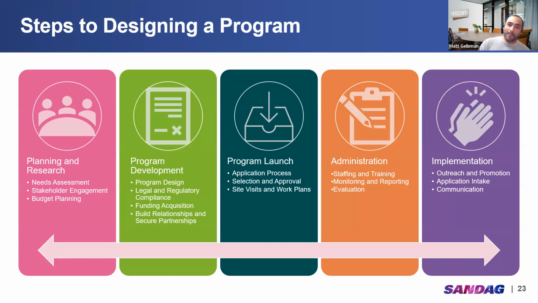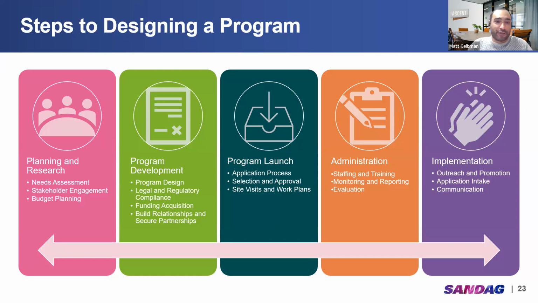From there, implementation includes any additional outreach or promotion that may be needed, though I think the need is probably greater than the amount of resources, so marketing is not always necessary, and continued application intake and communication with homeowners is part of that process.